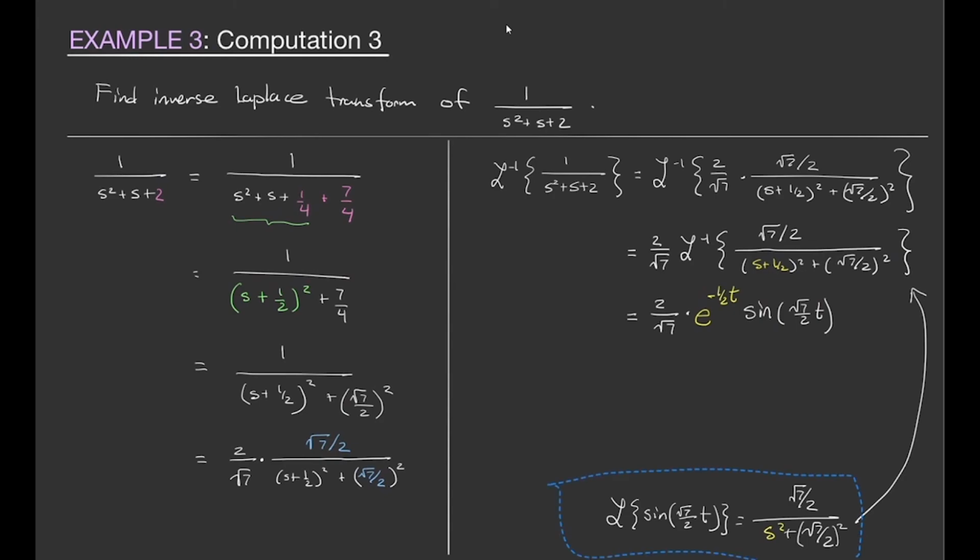Down here, as I mentioned, if we took the Laplace transform of sine of square root of 7 divided by 2 times t, we would get this, where the only difference between this expression and this expression is, in fact, this s plus 1/2 shift. So we would write this, which is what we would have gotten anyways, but because of the shift, we have this here. I hope you found this video helpful.